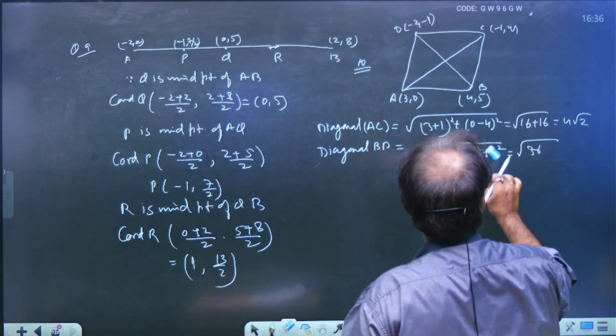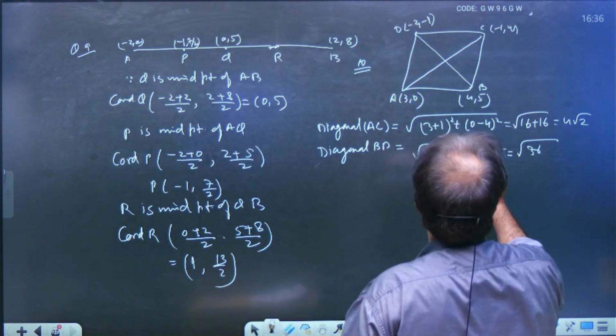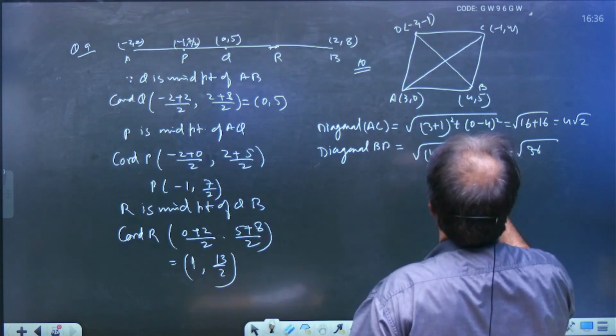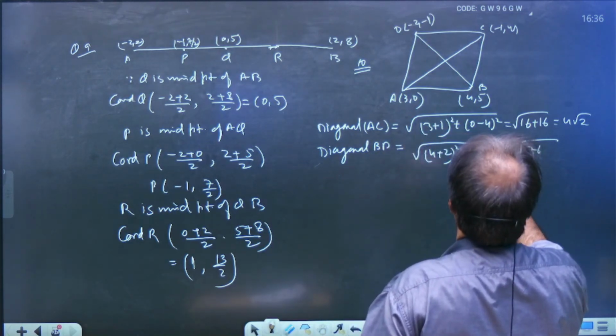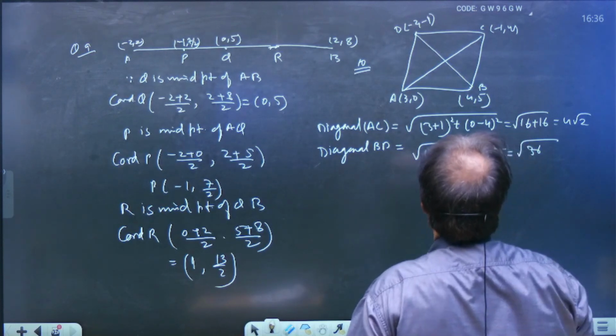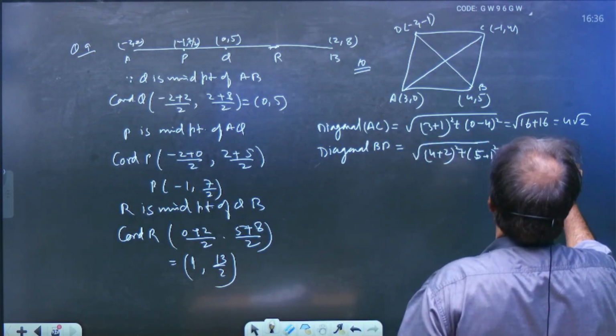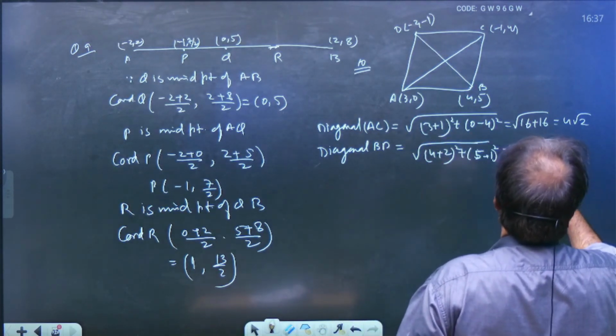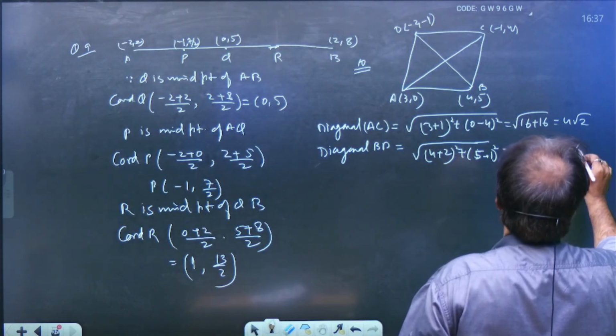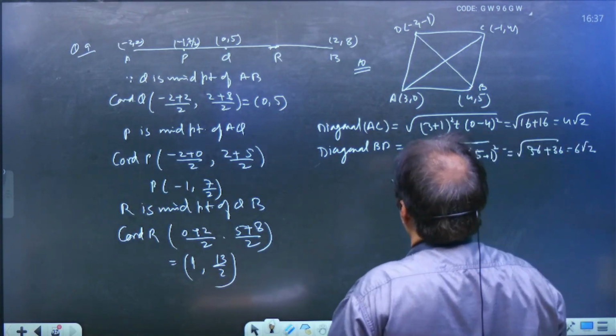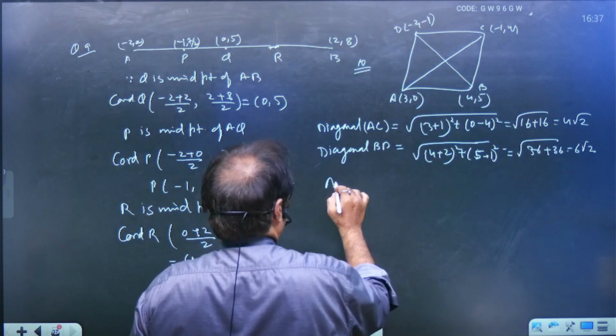So 5 plus 1, that is 6, 6 square 36. So this will be 6 root 2.